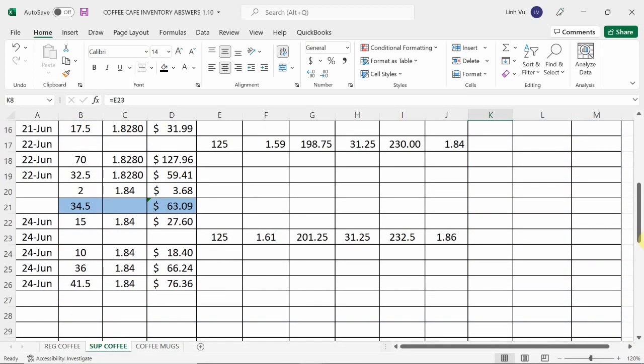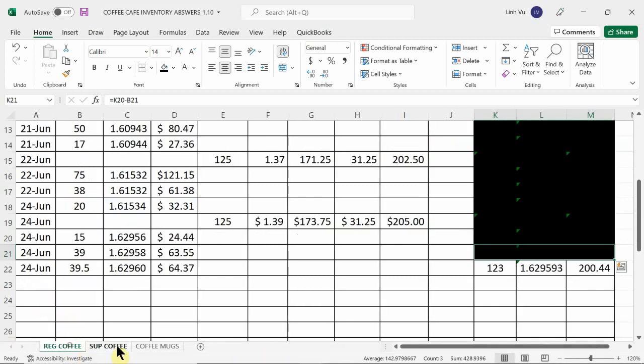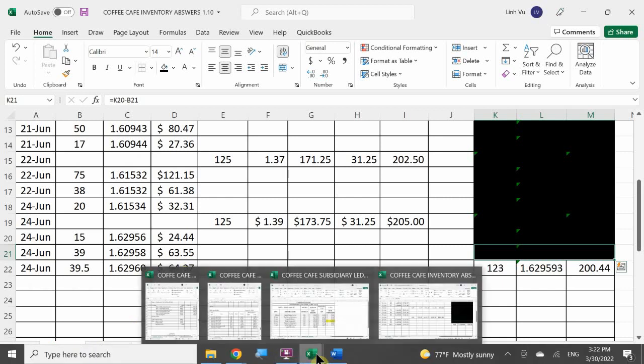Okay. So we got $76.36 for the cost of goods sold for my Supreme coffee, and we have $64.37 for my regular.